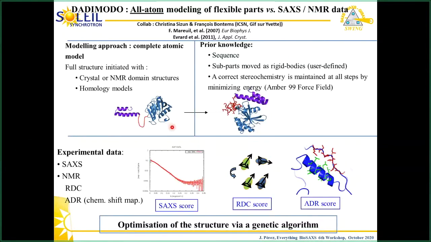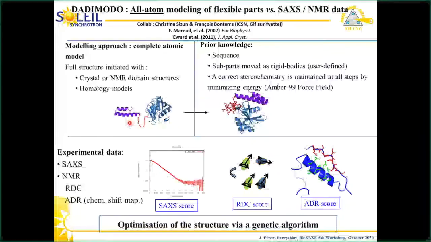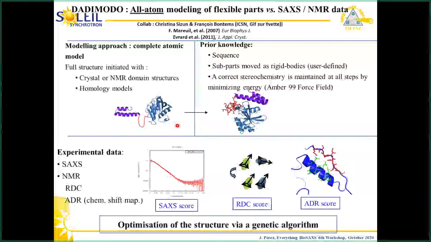But the main difference here with the approach of the ATSAS programs is that all the unknown parts are represented as true atoms. So it's not beads here. We represent all the flexible parts as true atoms, true residues.